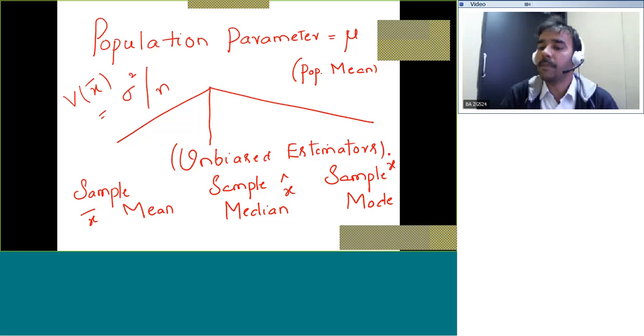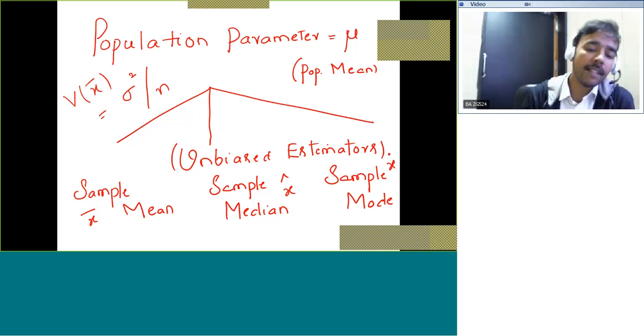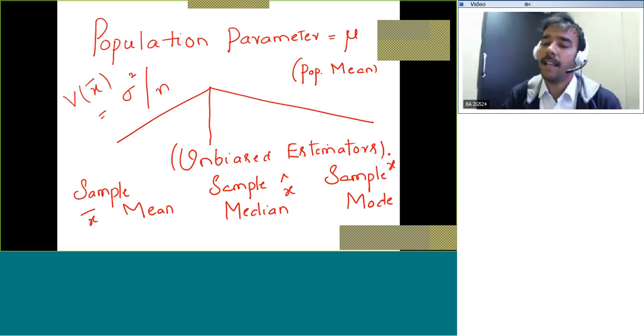So in this example, my population parameter is mu, the population mean. For this, I can have several unbiased sample statistics, maybe sample mean X bar, sample median, sample mode, and so on.